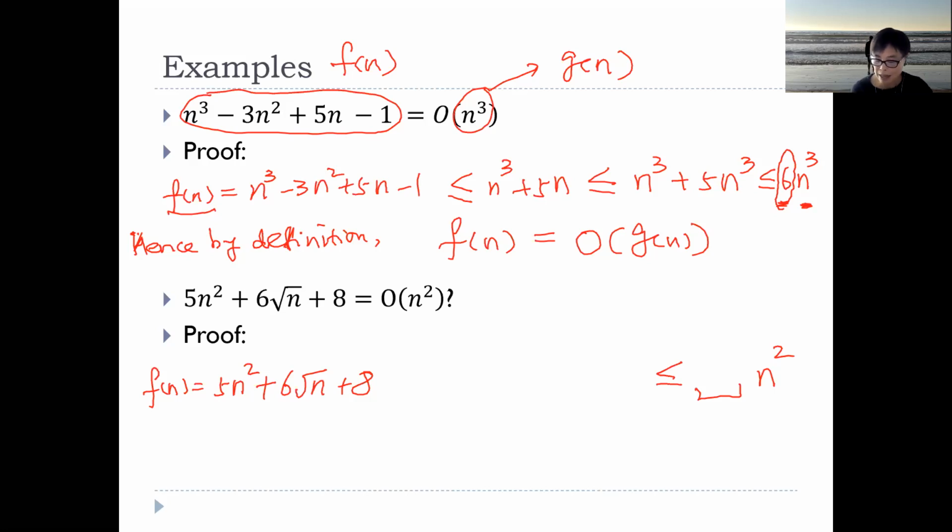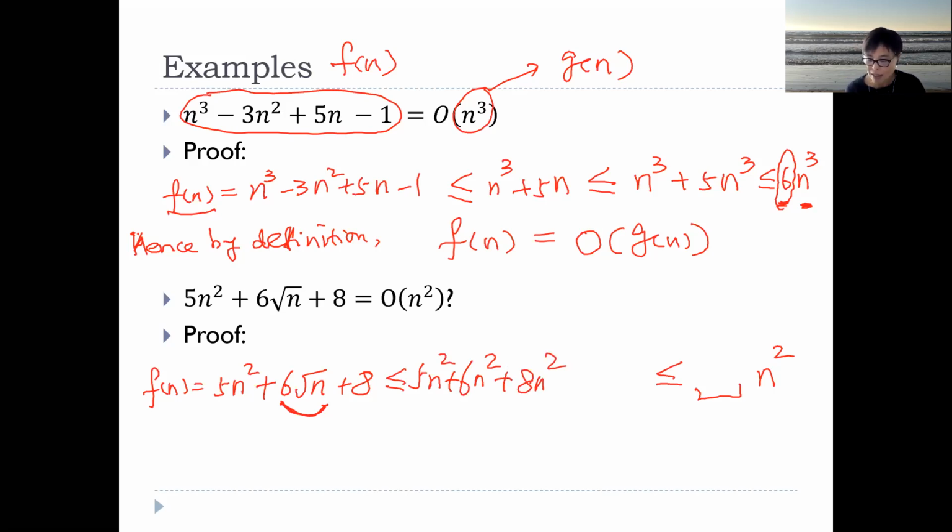In this particular case, I can simply say this is 5n squared plus 6 times square root of n. Square root of n clearly is smaller than or equal to n squared, so this is smaller than 5n squared plus 6 times n squared. And 8 is clearly smaller than 8n squared. I'm enlarging it, right?